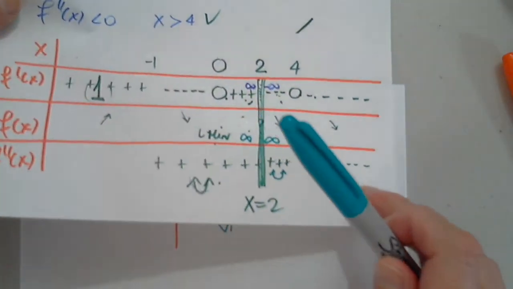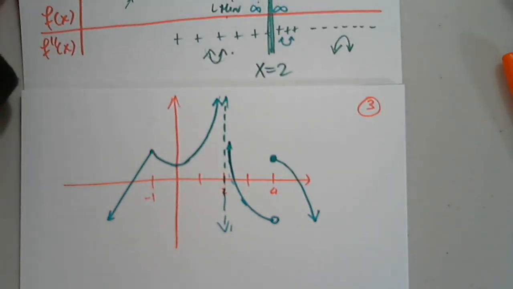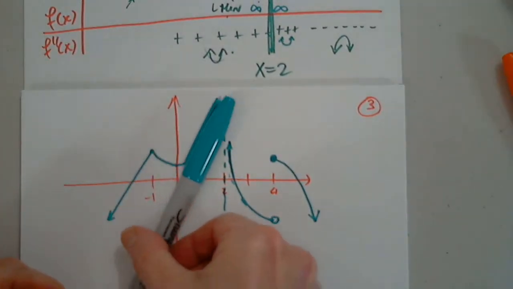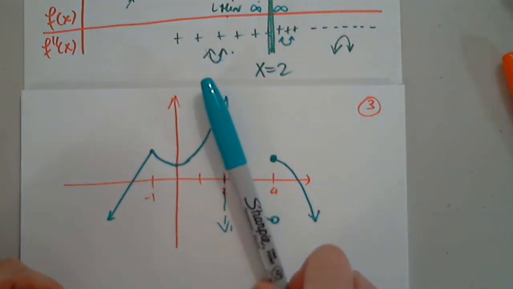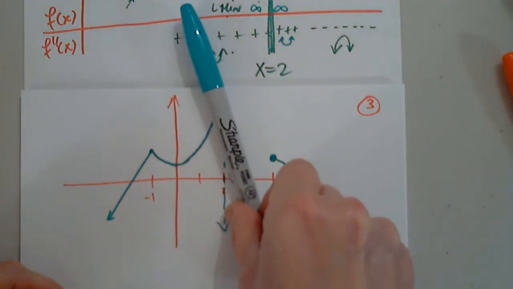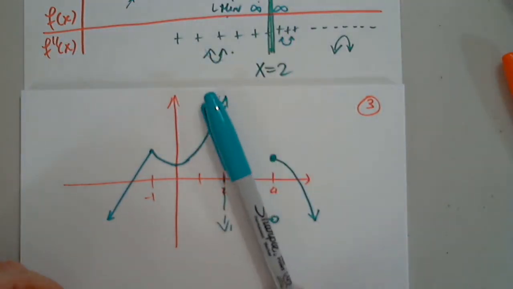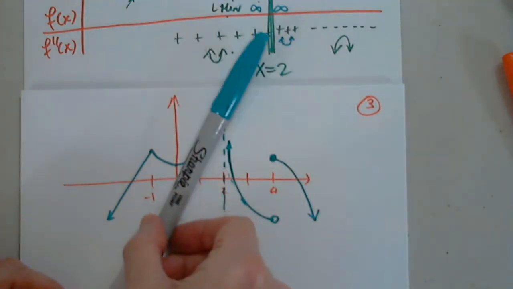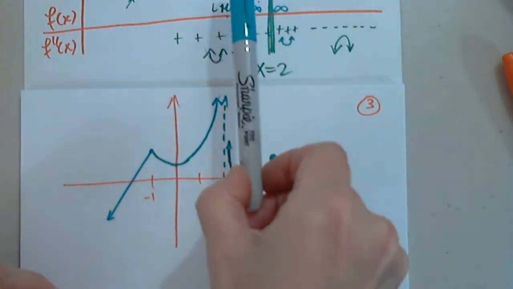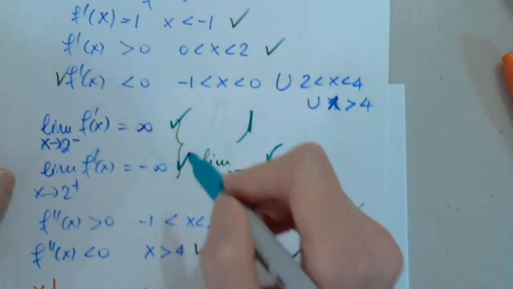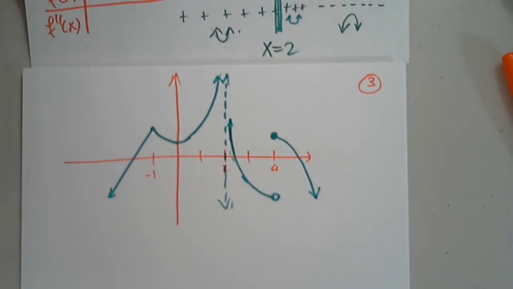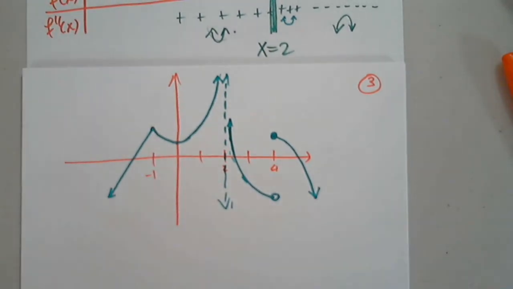Because the slope here is positive, going to infinity, but the slope here is negative infinity on this side. Very clear. When I graph it, I realized what they meant. And that's it.